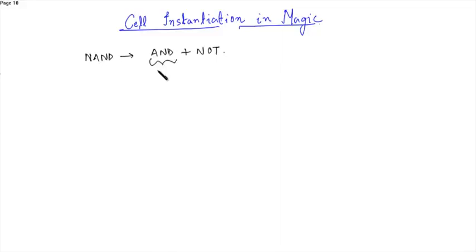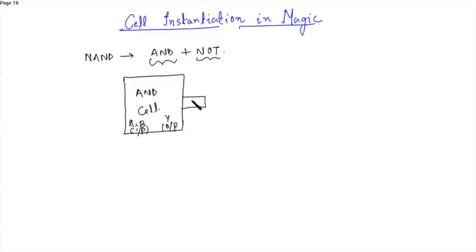We have drawn the layout of AND and also the layout for NOT. So if we call the AND cell, it has two inputs, A and B. Y is the output.